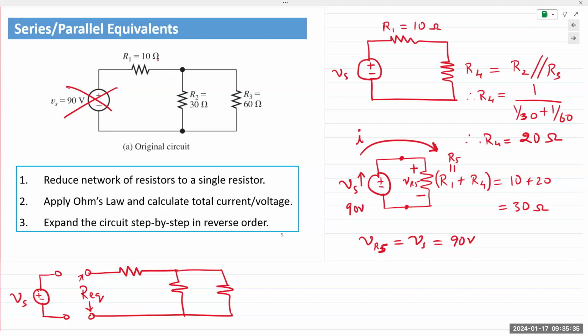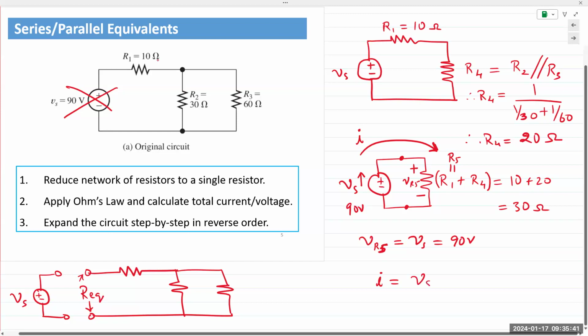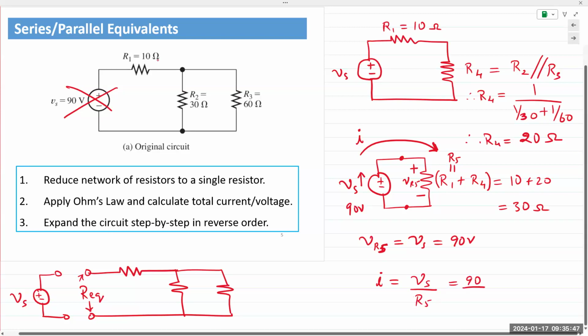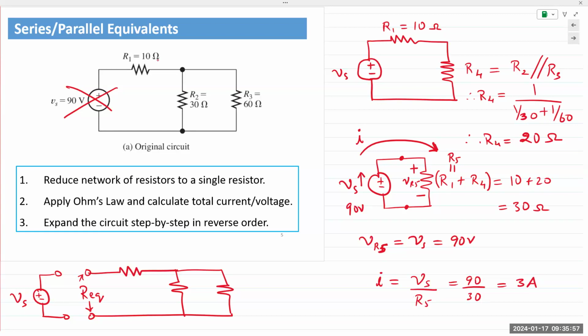So I is simply Vs divided by R5, 90 divided by 30, so 3 amps. Make sense? Any questions?